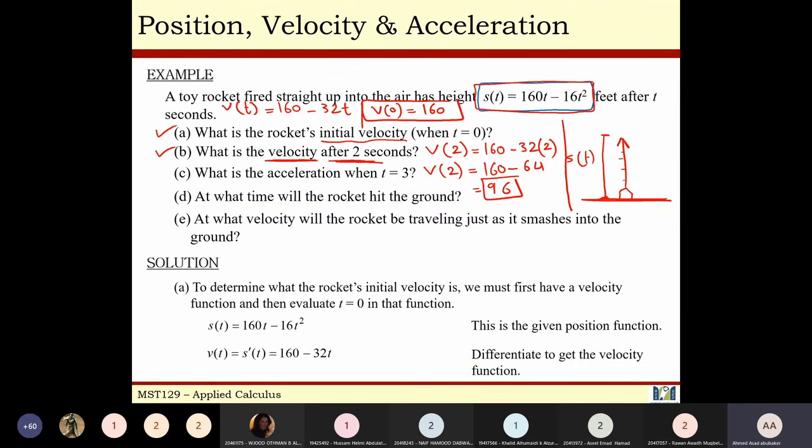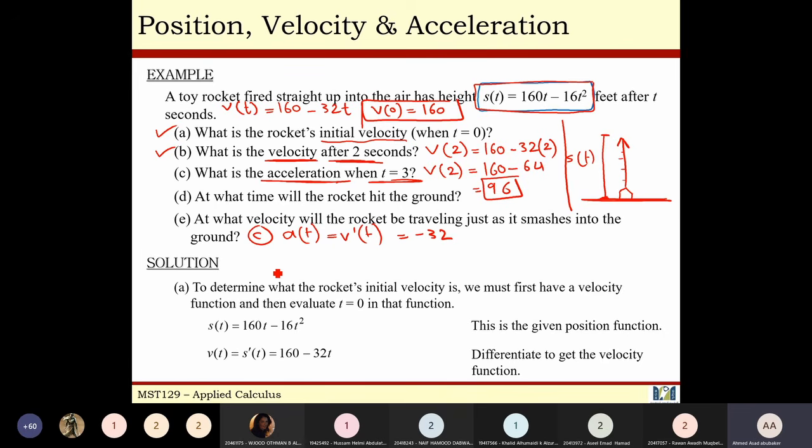Part C, we need to find the acceleration when time equals 3. So firstly find a of t, which is the derivative of v. So v prime equals negative 32.